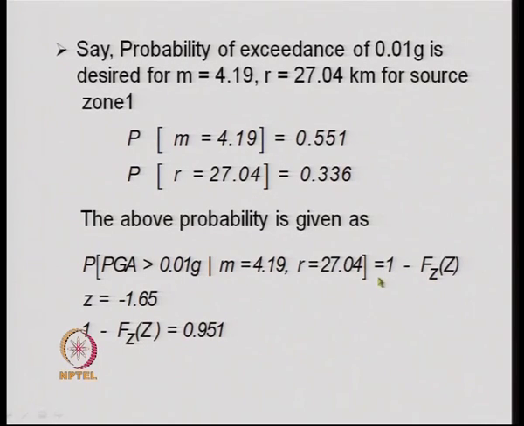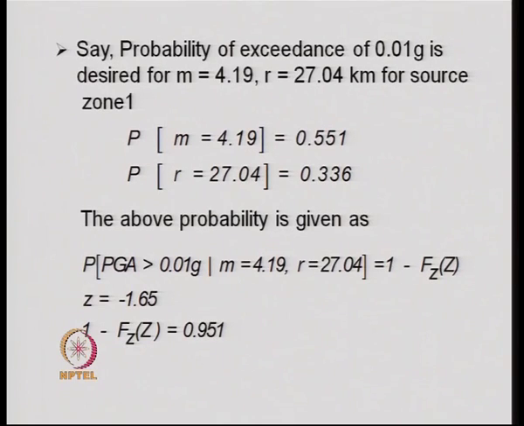That is obtained from this relationship, that is 1 minus F_Z(z). Now, this F_Z is the normalized distribution of the peak ground acceleration.